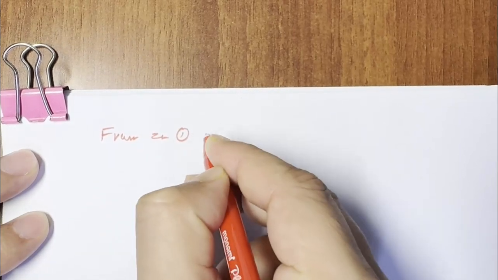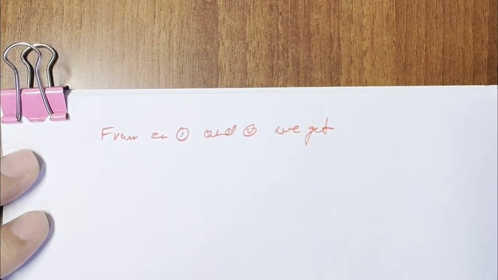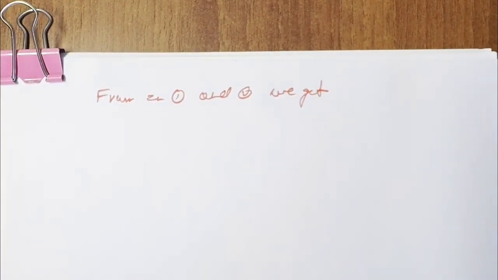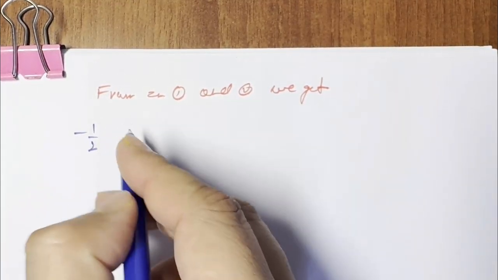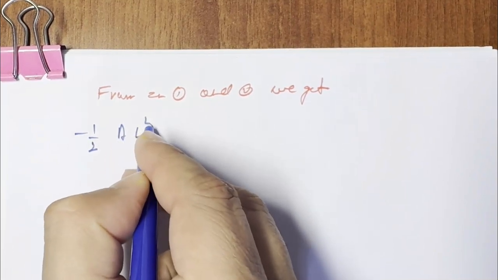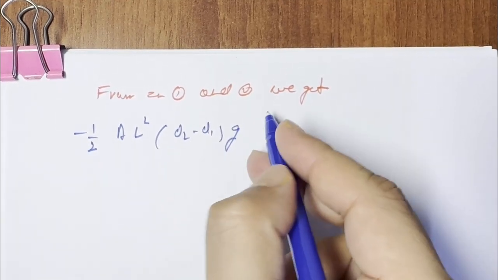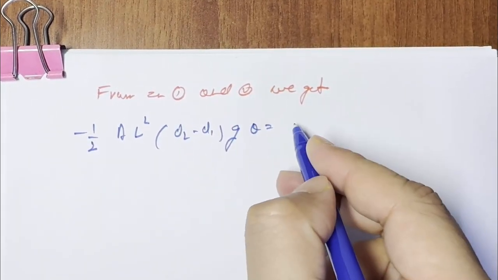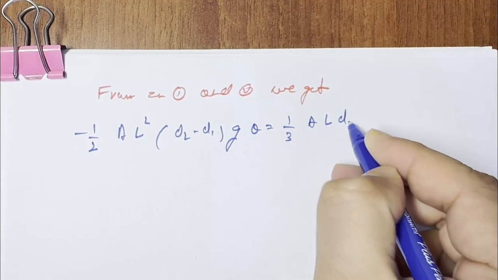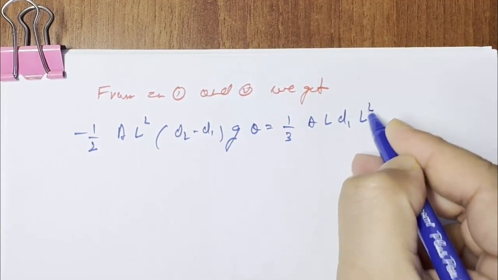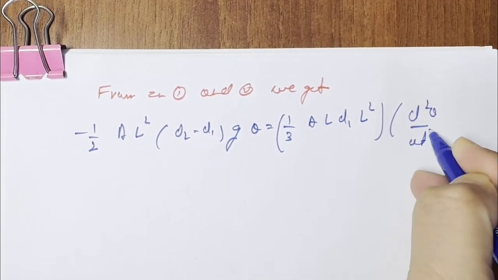From equation 1 and 2, we equate them and we get minus 1 by 2 AL square (d2 minus d1) g multiplied by theta is equal to 1 by 3 AL d1 L square multiplied by the double derivative of theta.